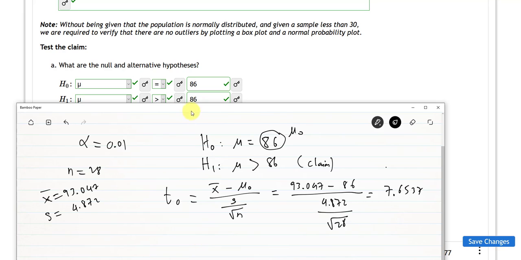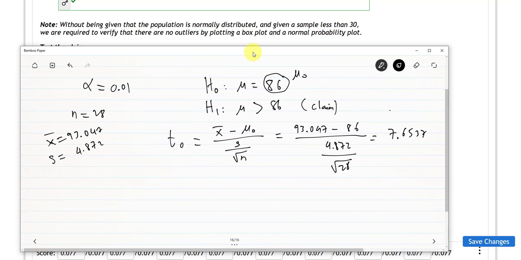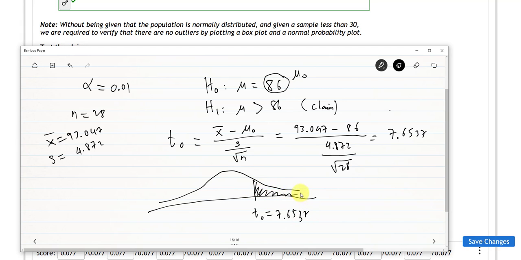And then we can find the p-value. Again, this is pointing to the right, so this is the right tail. I can draw the curve, and t naught is right here, with the right tail pointing to the right.